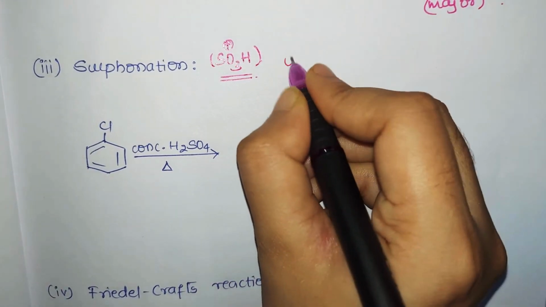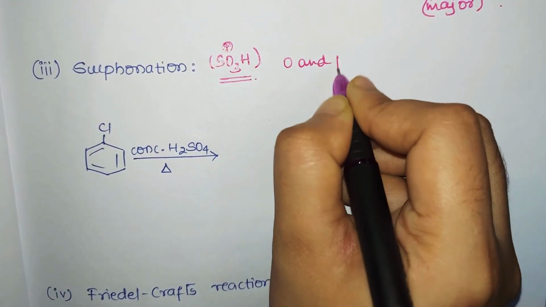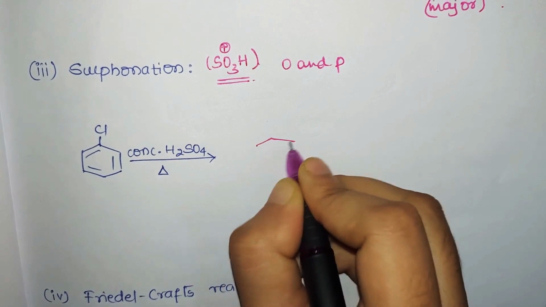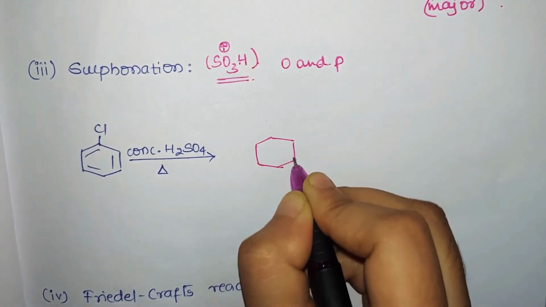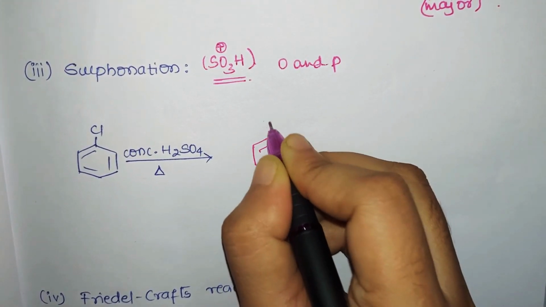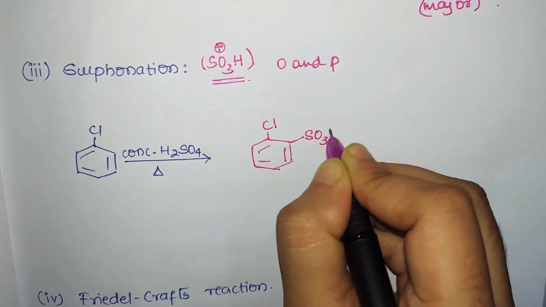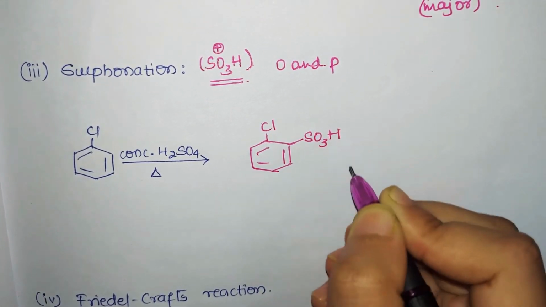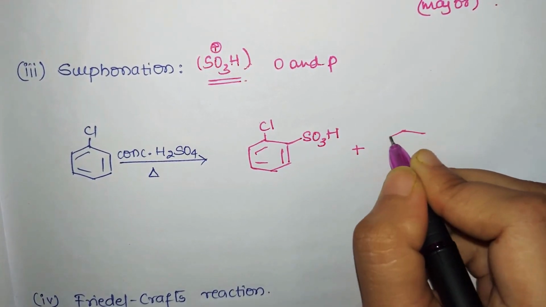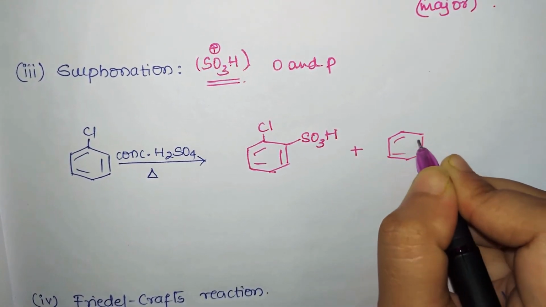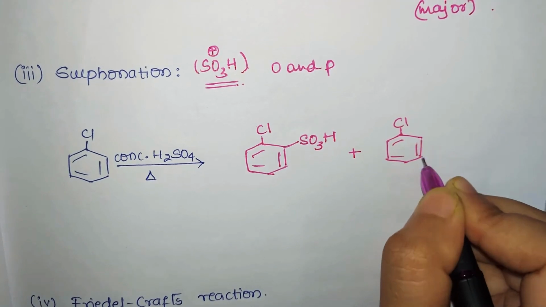When chlorobenzene is treated with concentrated sulfuric acid and heated, we get a mixture of two products, ortho and para. So Cl, ortho to it is the second position. On the second position, the SO3H group, that is sulfonic acid, is attached, plus of Cl, and to its para position the SO3H group will be attached, that is the fourth position.